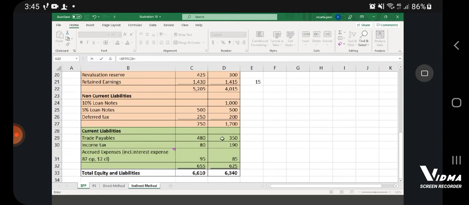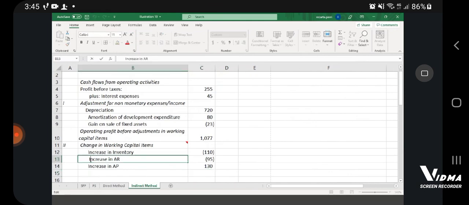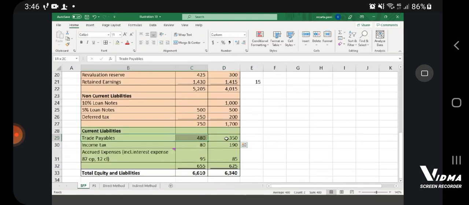Any questions so far? Should we repeat something so far that we have discussed about the changes in the working capital items? Okay, let's go on. So trade payables are part of operating. Income taxes, yes, they are, but they are going to be calculated a little bit later as taxes paid.